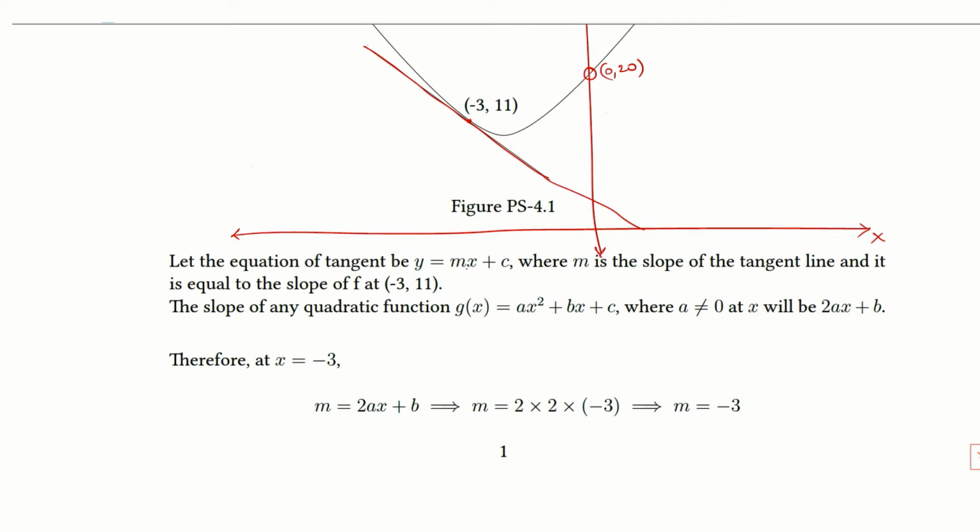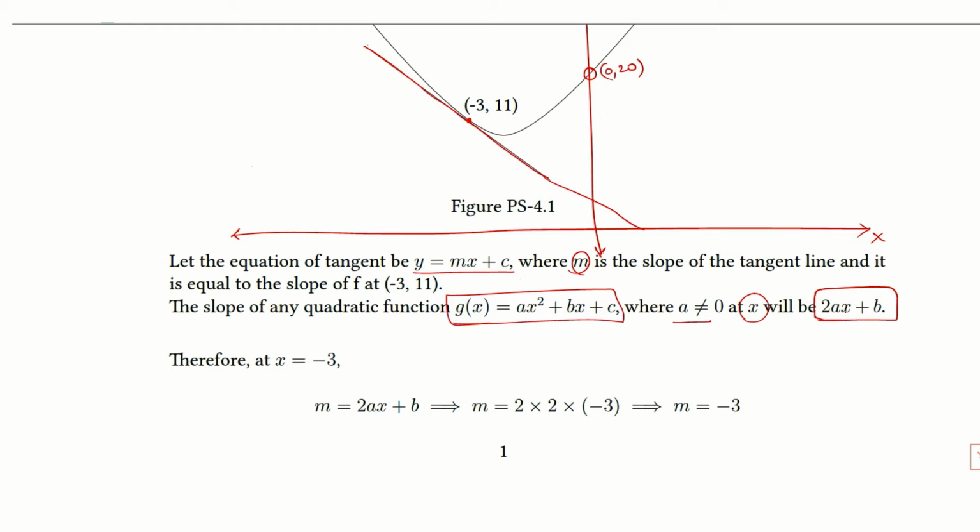Let the equation of the tangent be y equals mx plus c, where m is the slope of the tangent, which is also equal to the slope of f at point minus 3 comma 11. Now, for any quadratic g of x equals ax square plus bx plus c, where a is not equal to 0, at any given point x the slope will be 2ax plus b.